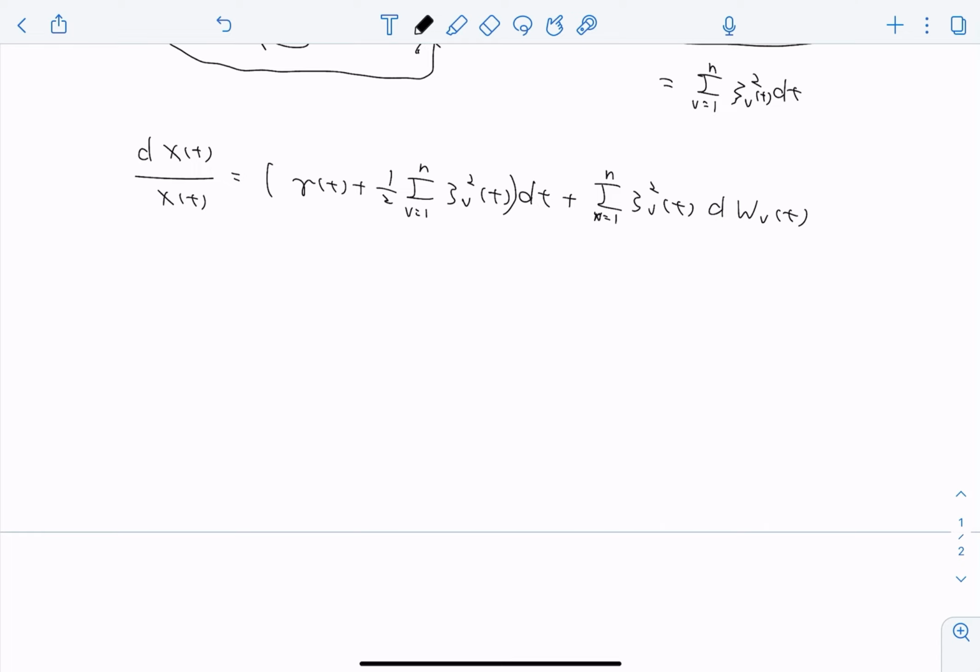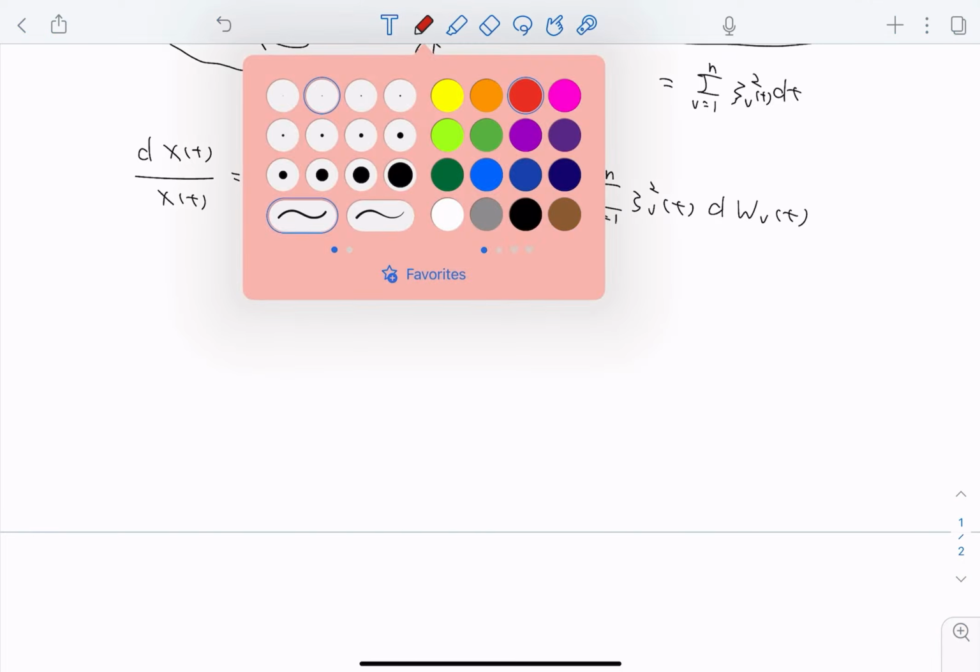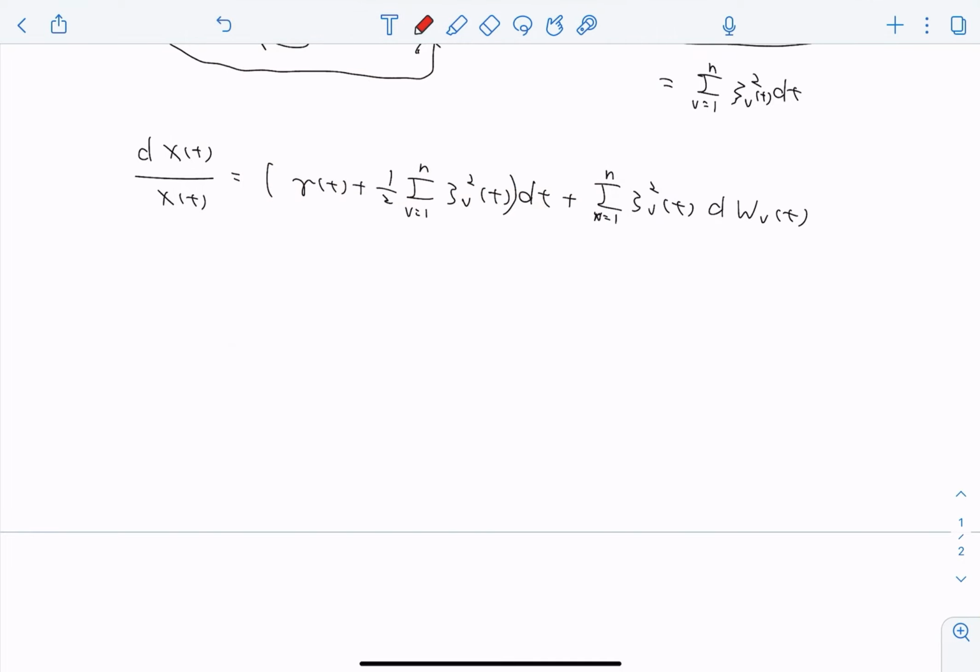If you remember the definition of the rate of return rather than the growth rate, you can see that the growth rate plus this form is the rate of return. We can denote it as alpha of t, so alpha of t equals gamma of t plus 1/2 of the sum of K_c of t squared.